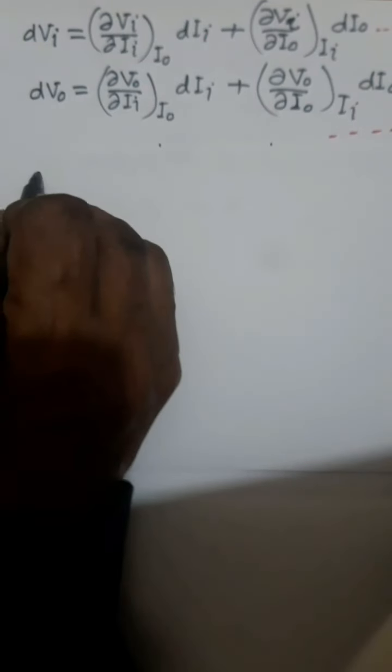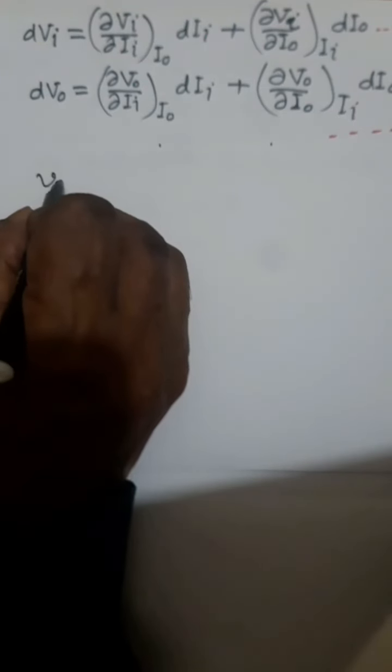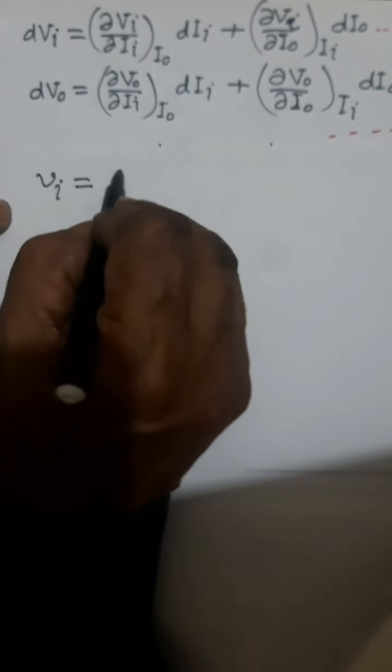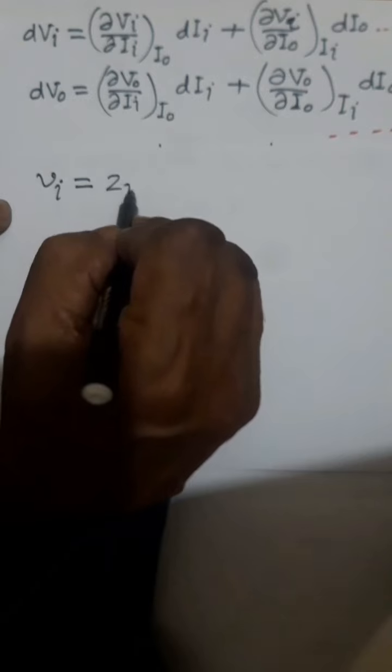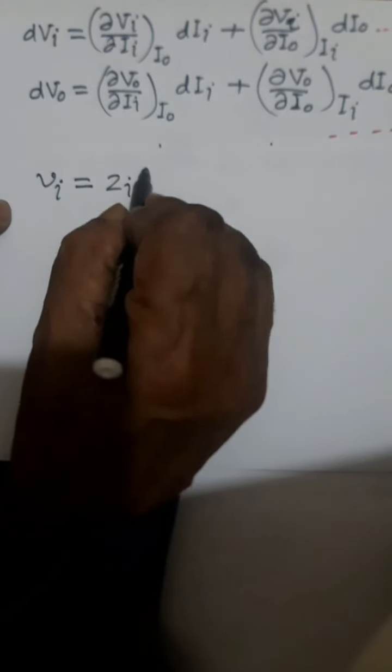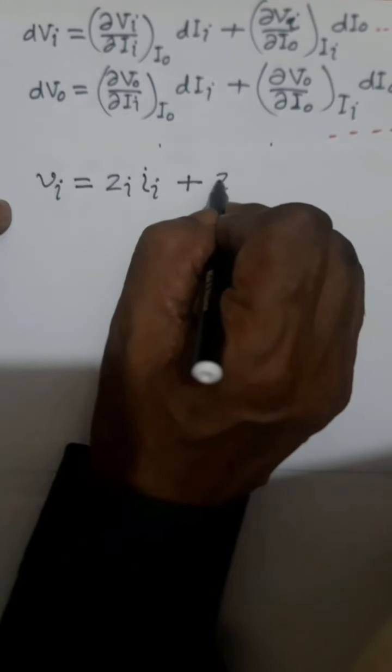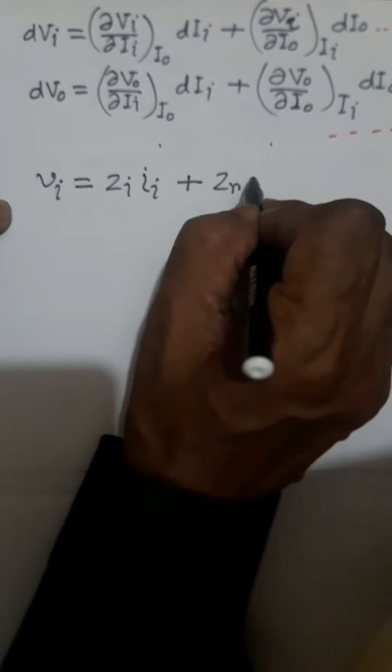Then equation 1 and equation 2 can be written as AC input voltage Vi equals Zi Ii plus Zr Io.